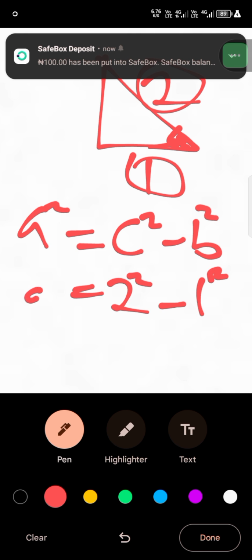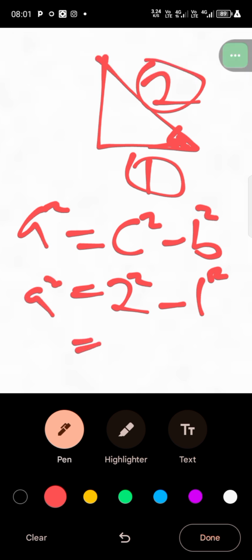You multiply 2 by 2, which is 2 square. That will give you 4. Take away the square of 1, which is still 1. So 4 take away 1 will give us 3. And you can see 3 is not a perfect square.